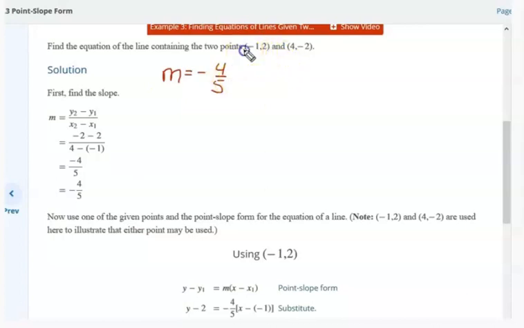We could use either of these points as our single point. So let's use this one. So we're going to go y minus the 2. Now remember, it looks like a negative 2, but it was actually a 2, the opposite sign, equals a negative 4/5 for our slope times x.